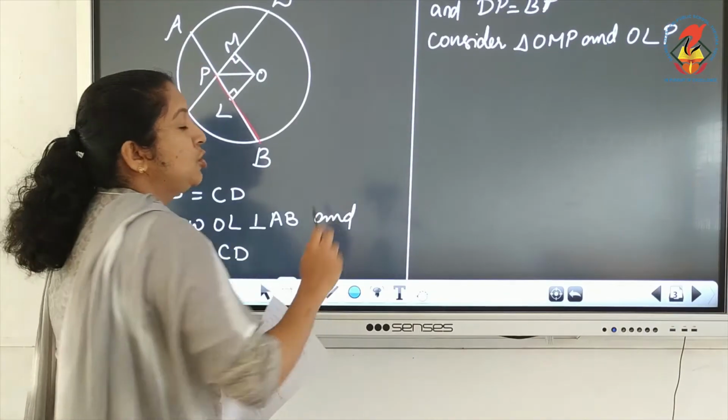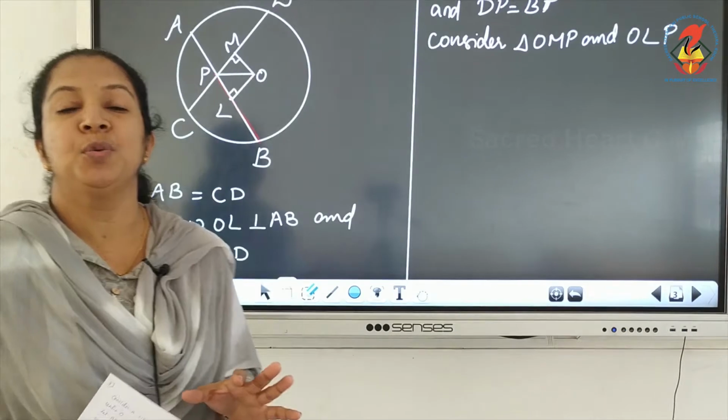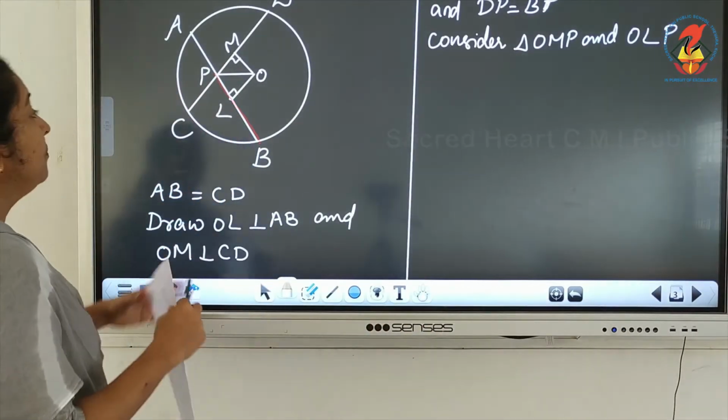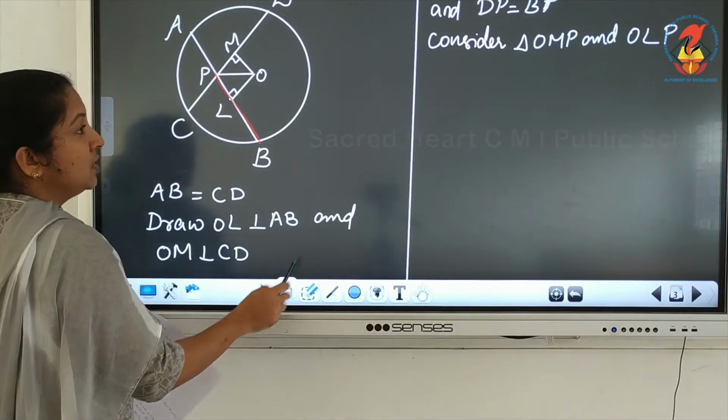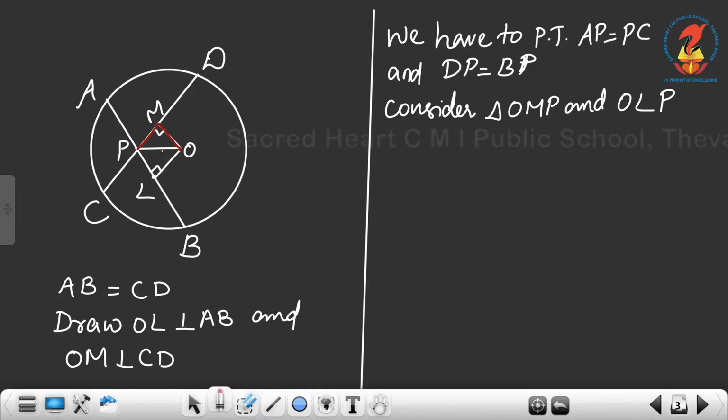For this, we are using congruence itself. We have to consider these two triangles: triangle PMO and triangle PLO.